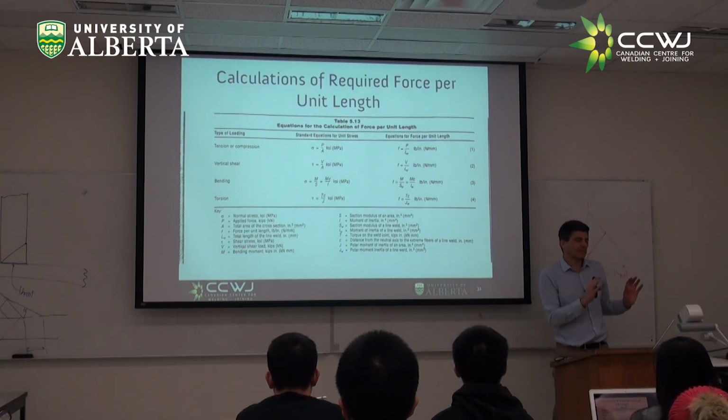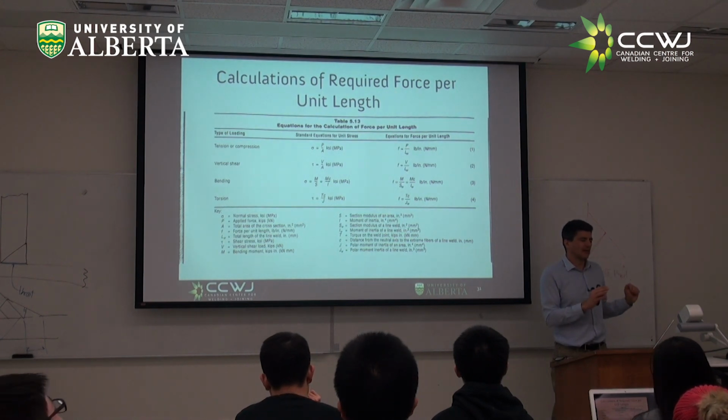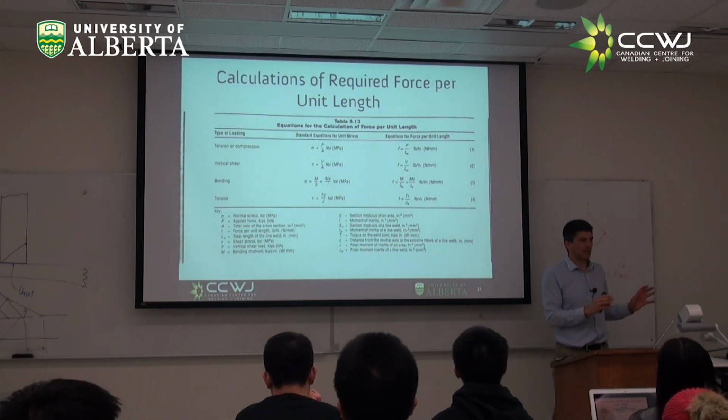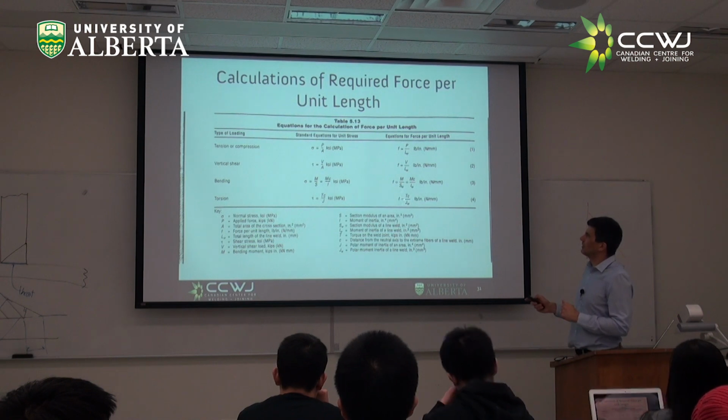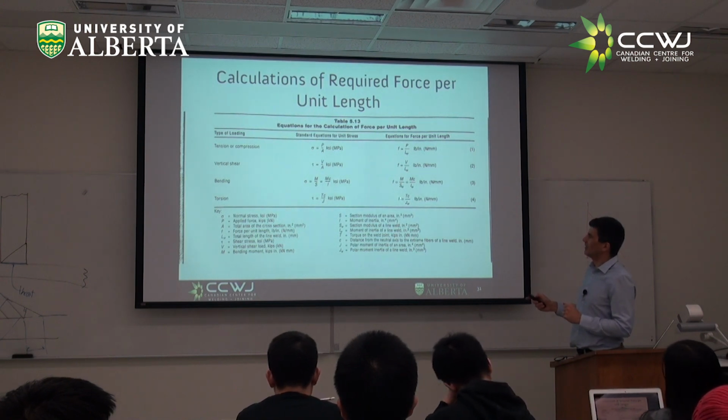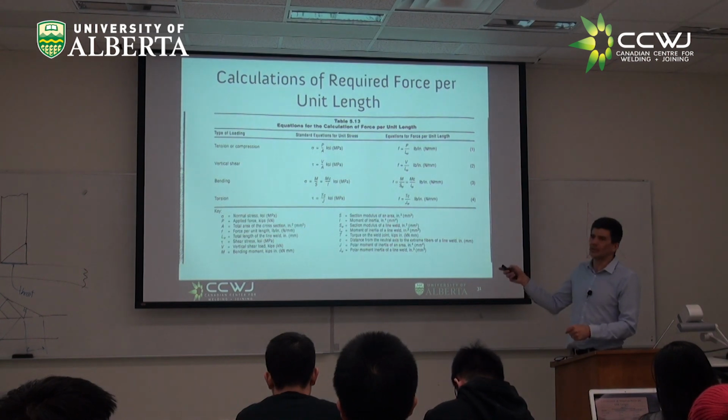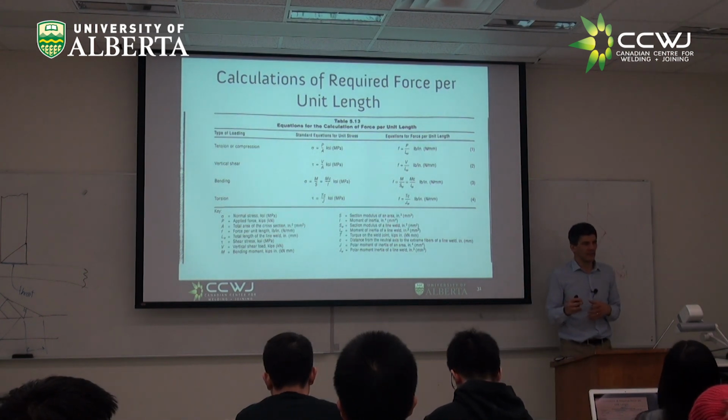So if you remember, we just discussed how you calculate the strength of a weld per unit length. You know how to calculate that. And now I'm saying how to calculate what the effort per unit length would be in these very difficult loading conditions.